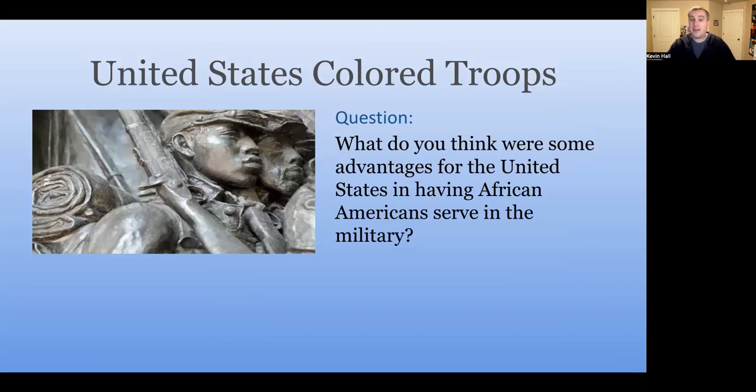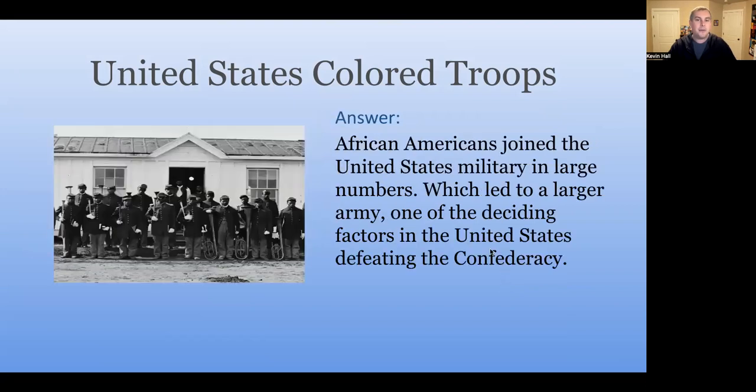So what do you think were some of the advantages? Well, by having colored people or African Americans join the military, now they're going to have more numbers as well as a really, really good cause for fighting. And basically, the Emancipation Proclamation would lead to the United States Army being successful and winning the Civil War.